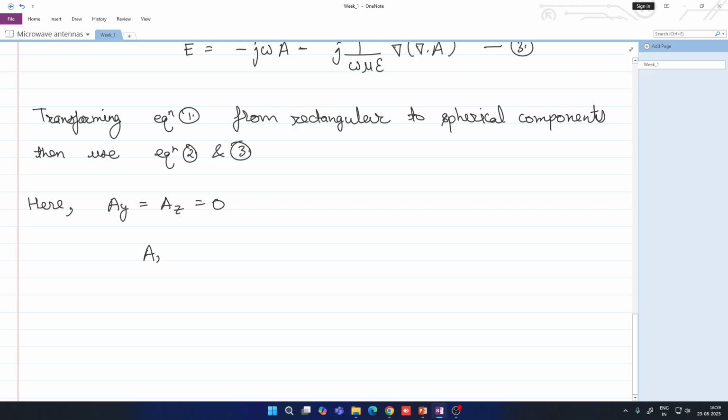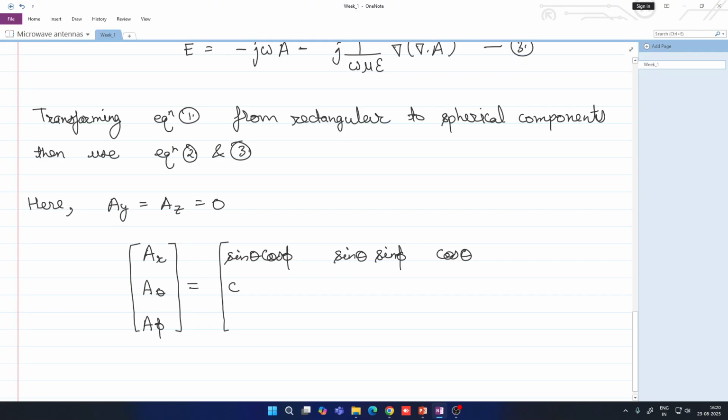It is given by A r, A theta and A phi, which is equal to the matrix: sin theta cos phi, sin theta sin phi, cos theta; cos theta cos phi, cos theta sin phi, minus sin theta; minus sin phi, cos phi, and 0; times A x, A y, A z.